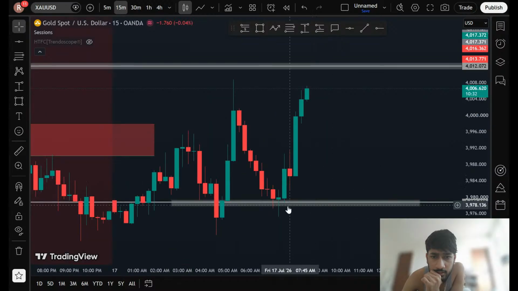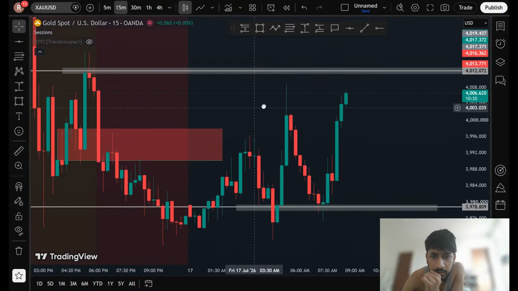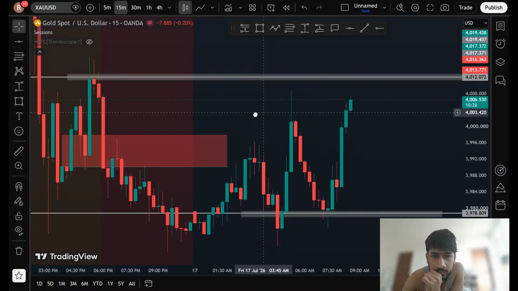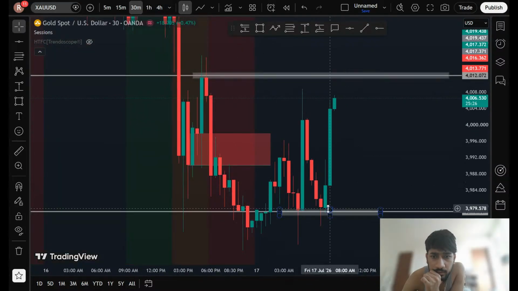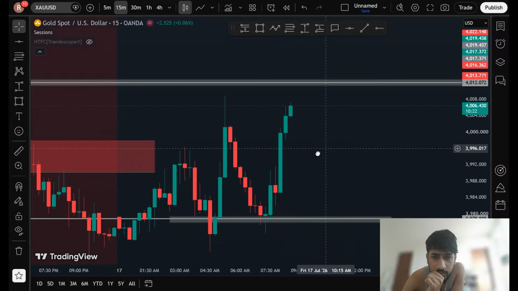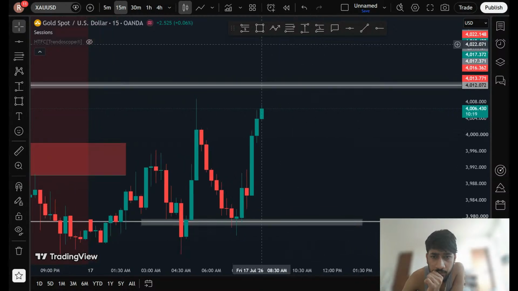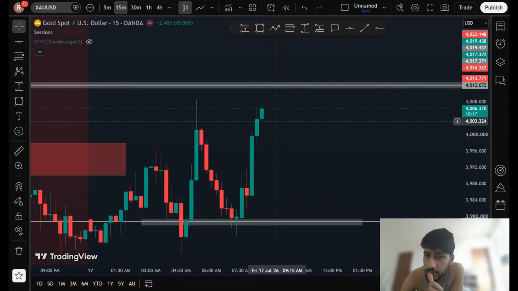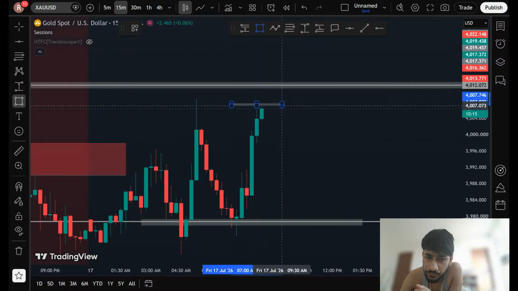As you can see, session trend is completely bullish, but if we get a candle to close bearish in our direction, do you think sell would be valid?